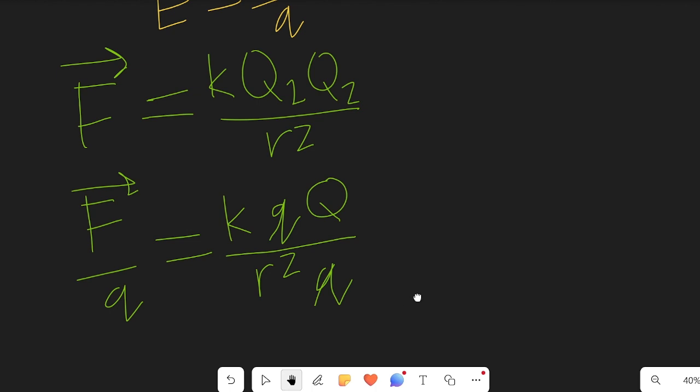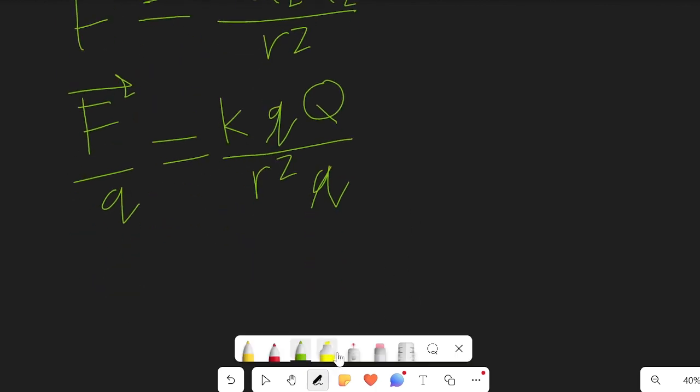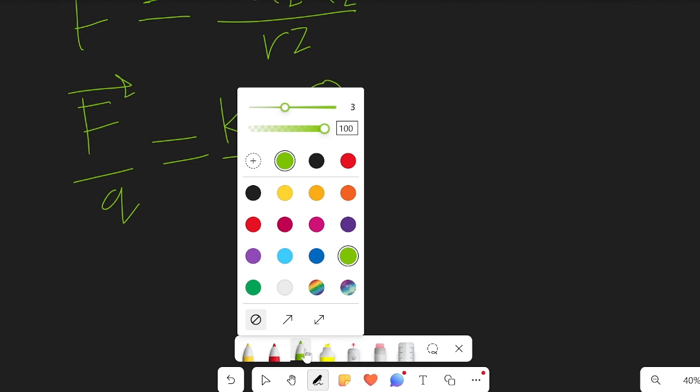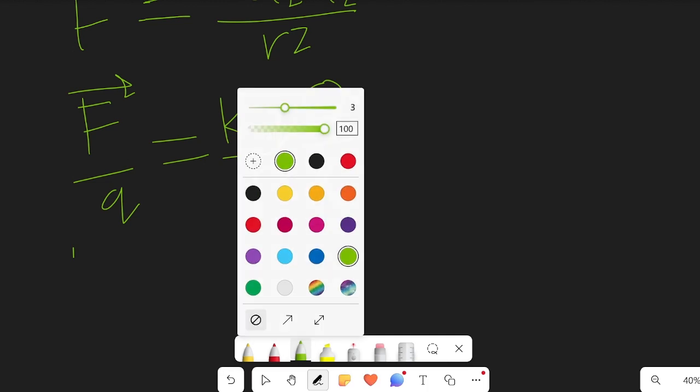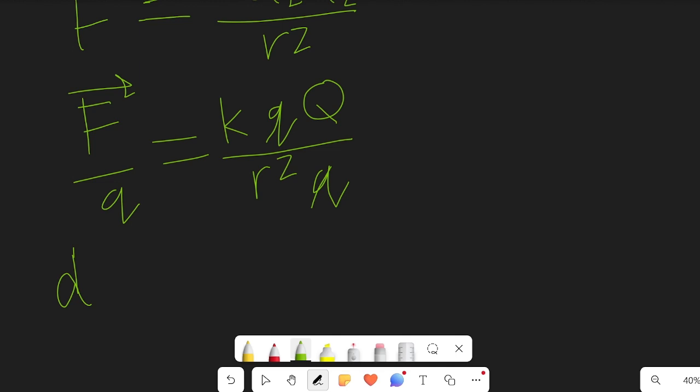So now, with this, let's consider if this was differential electric fields and differential forces, right? The whiteboard can be super laggy sometimes. So yeah, dE would be equal to the Coulomb constant times dQ divided by R squared.